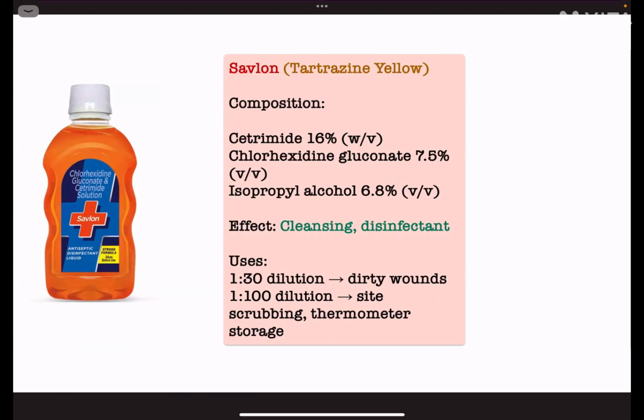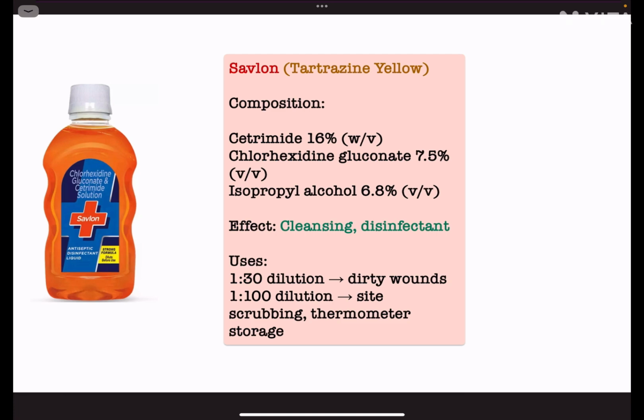Savlon solution. The color is tartrazine yellow. It consists of cetrimide 16%, and there is controversy that it acts as culture medium for Pseudomonas. Apart from cetrimide 16%, there is chlorhexidine gluconate 7.5%, isopropyl alcohol 6.8%.